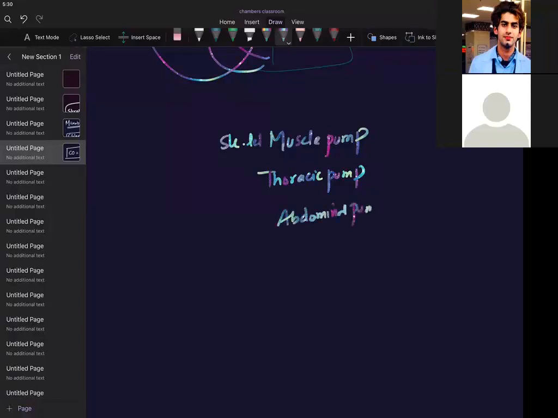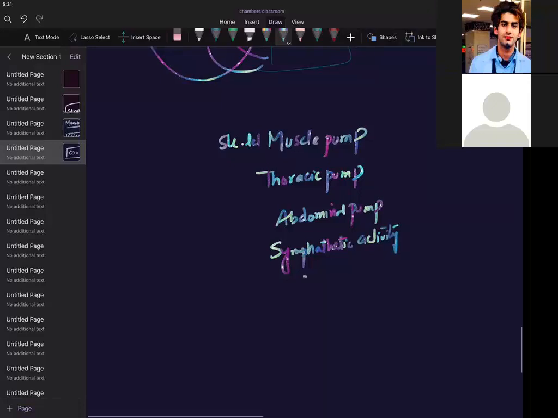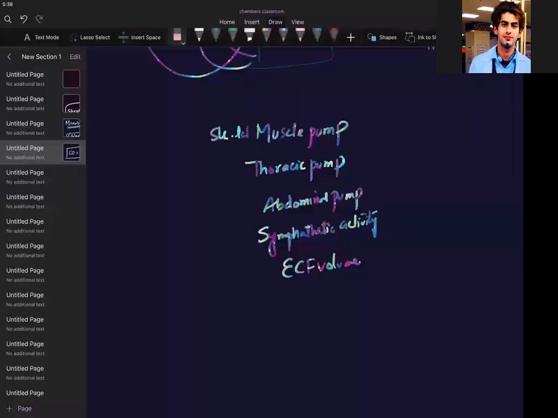Abdominal pump. We have sympathetic activity. Sympathetic activity is actually doing everything. And your extracellular fluid volume.